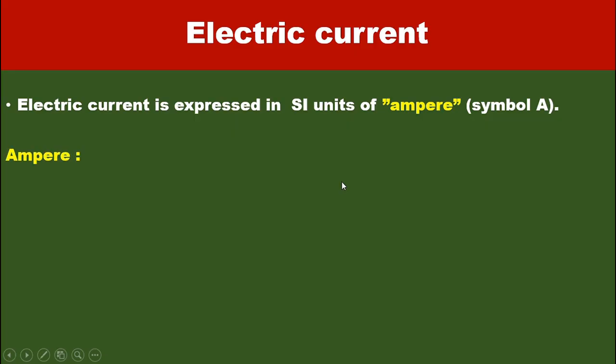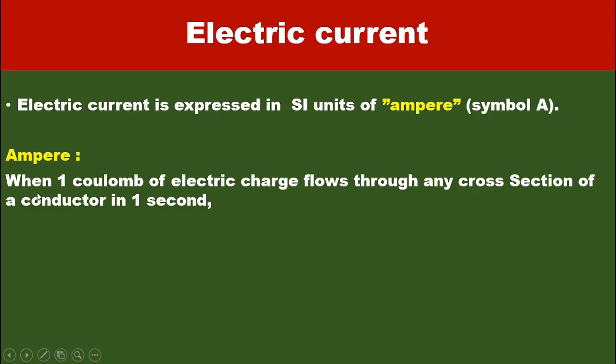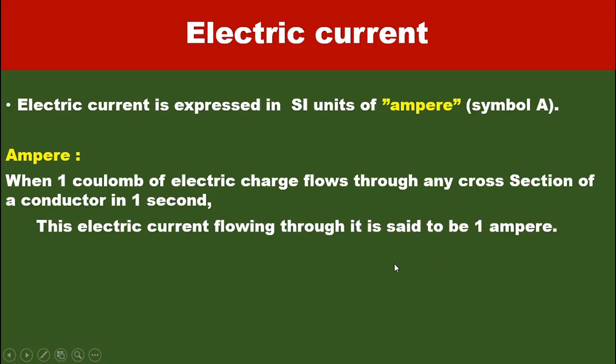Now, what do you mean by ampere? Ampere is when 1 coulomb of electric charge flows through the area of cross section in 1 second. We know this formula already: current is equal to electric charge divided by time.